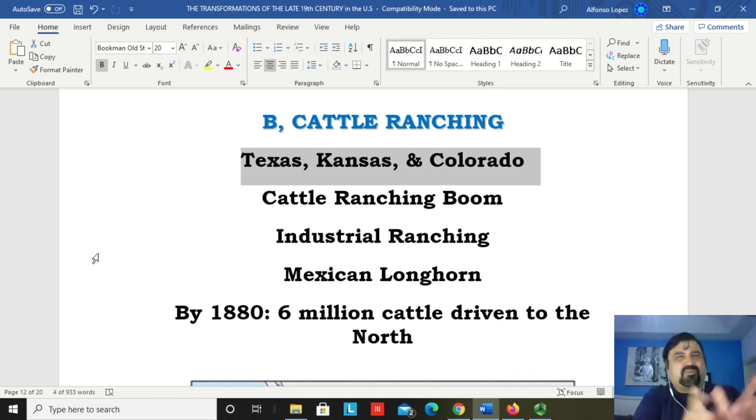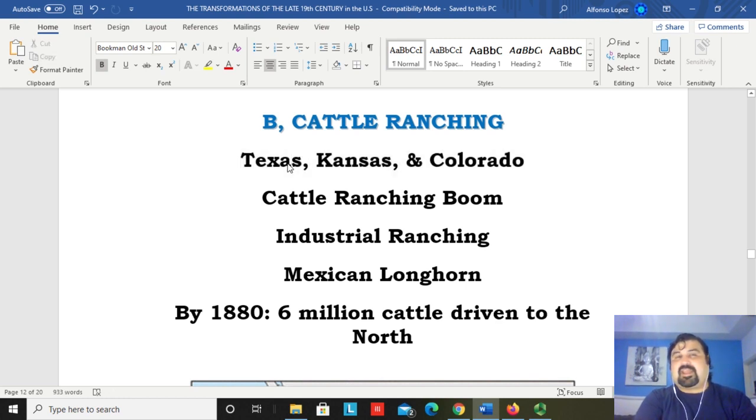When historians refer to the Wild West, that is to say Texas, Kansas, and Colorado, the largest ranches in the country and even in the world were there. The largest cattle ranches in the world were in Texas alone, in the Panhandle region and in the Valley, in the border region with Mexico, what we call the southeastern portion of Texas.